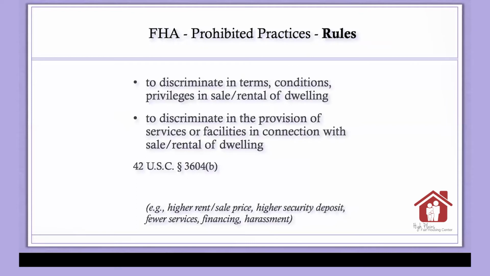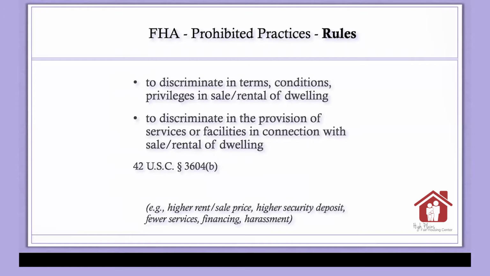Also, rules was another one from the flow chart. This is a way of thinking about subsection B, which makes it a discriminatory housing practice to discriminate in the terms, conditions, or privileges in the sale or rental of a dwelling, or to discriminate in the provision of services or facilities in connection with the sale or rental of a dwelling.